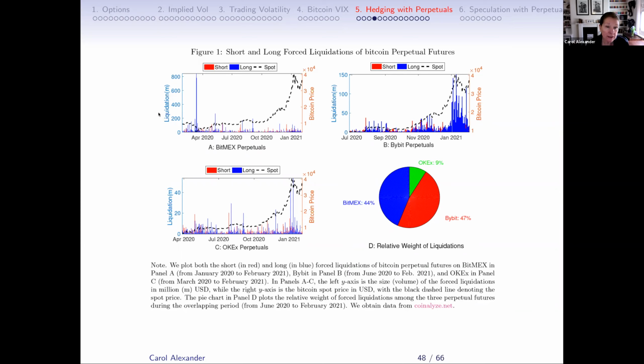So you can see that these liquidations are going to be generally lower on the BitMEX, apart from March 12th, when there was a massive liquidation on that day in BitMEX. Half of the positions were completely wiped out. And then on Crypto Perpetuals, they are the least likely to have forced liquidations of long or short positions.